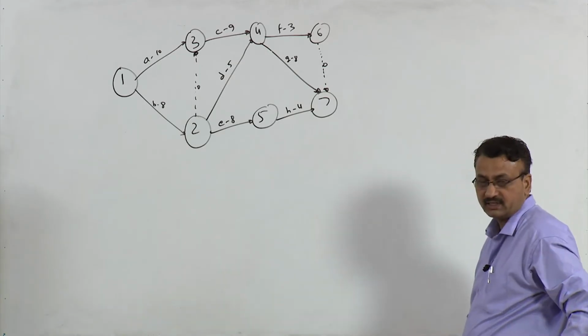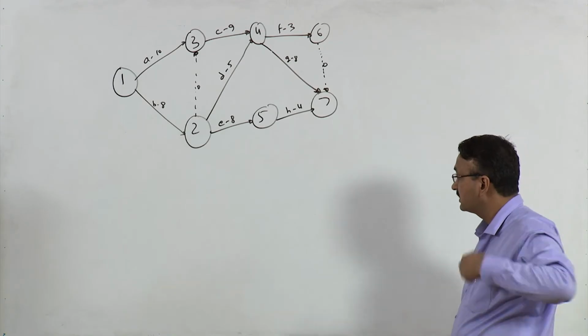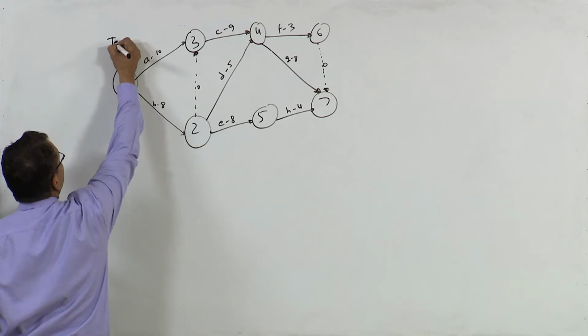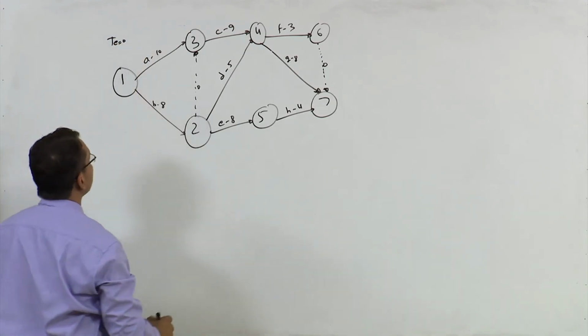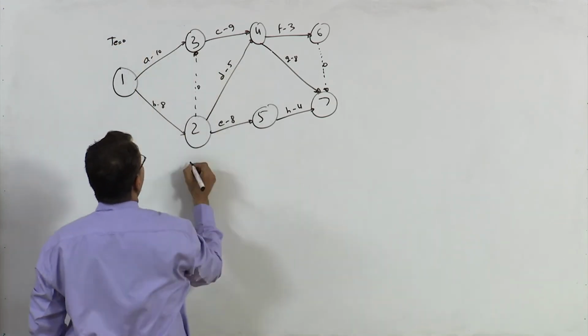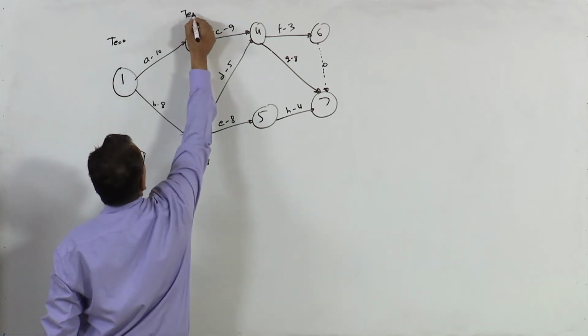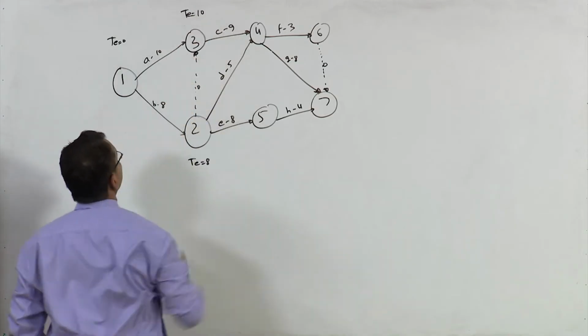So first of all let us calculate all TE's and TL's, right. So TE at this point is 0, TE at this point is 8, TE at this point is 10, right.